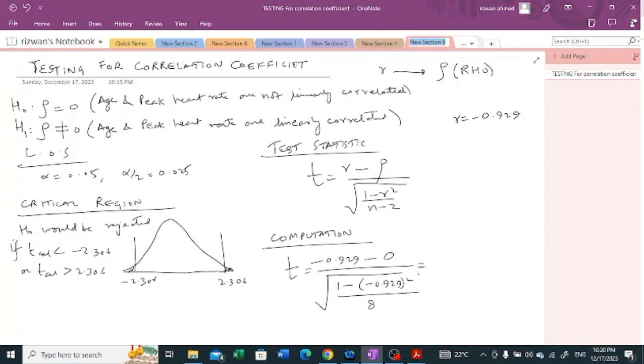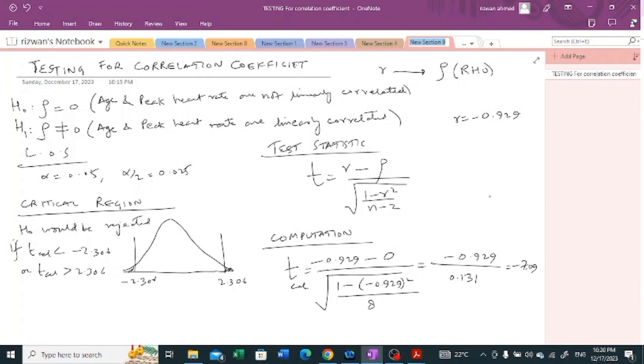So the denominator, complete answer is 0.131, rounded off to 3 decimal places. So minus 0.929 divided by 0.131 gives us minus 7.09.